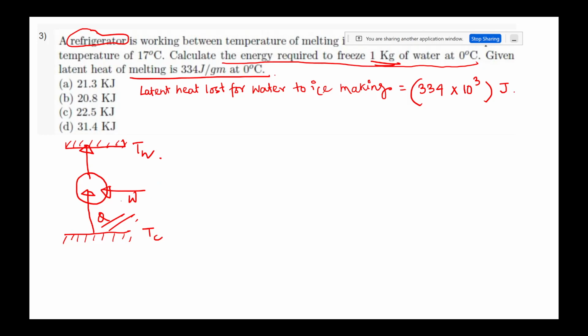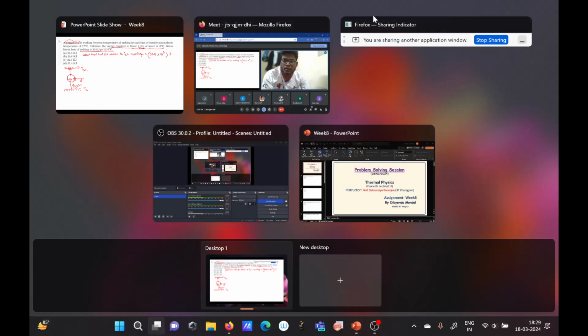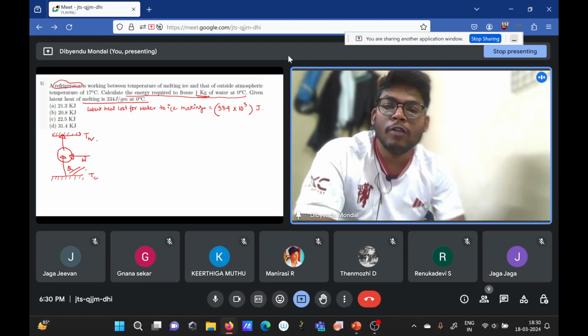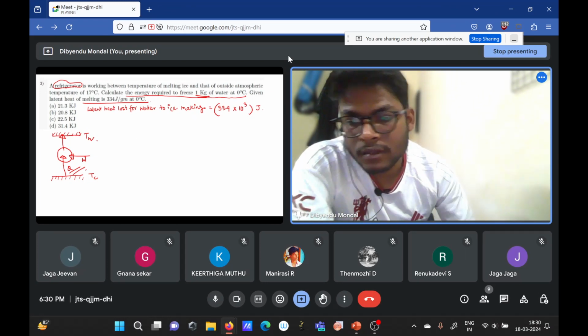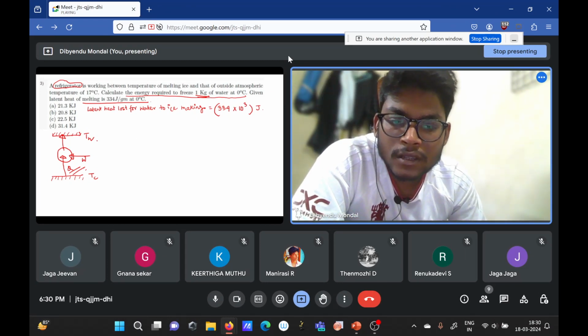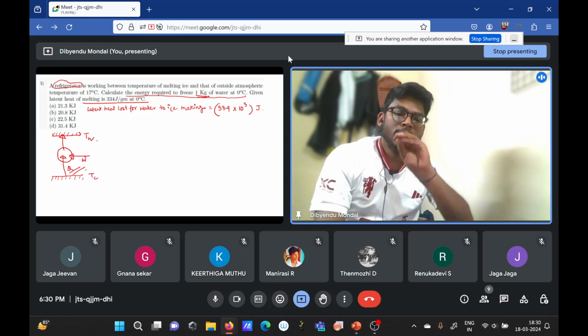Now, why is energy required for this heat transfer from this to this? Why is it required? Can anyone volunteer to answer that? Heat flows in a certain direction, right?